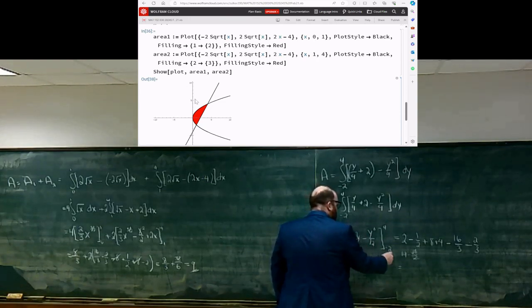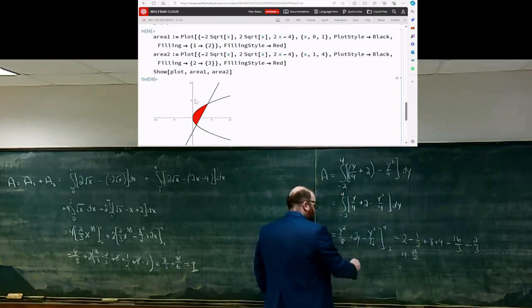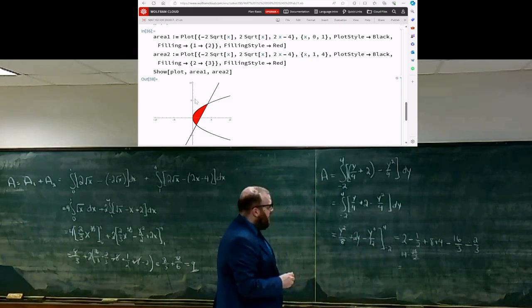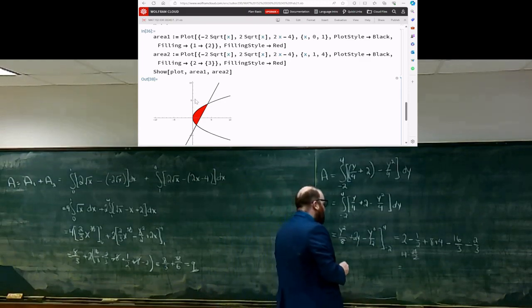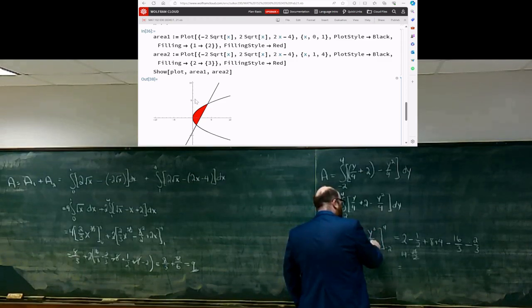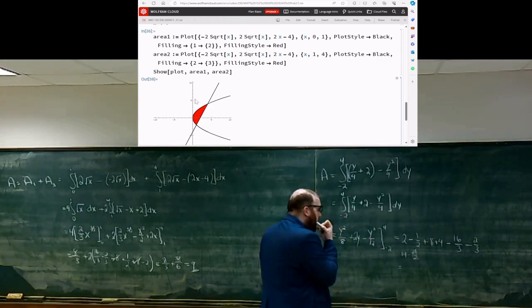Eight minus negative 4. 4 cubed is 64. 12. It should be 16 over 3. Right, and then minus. Is 10, 10, that's 14.